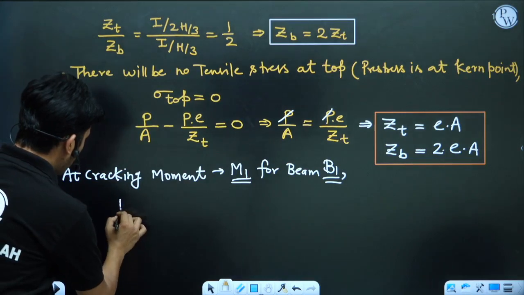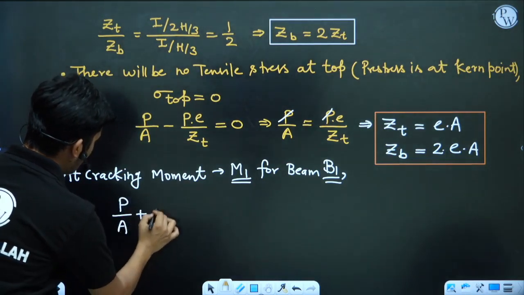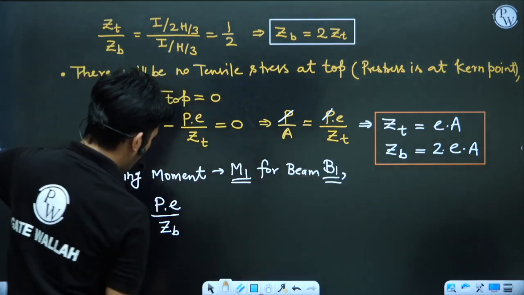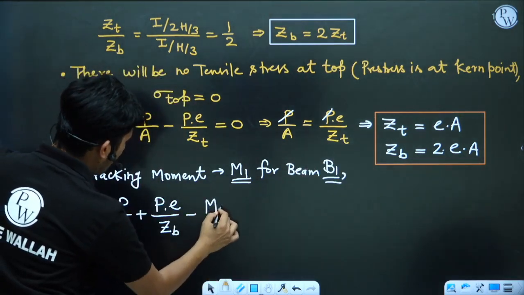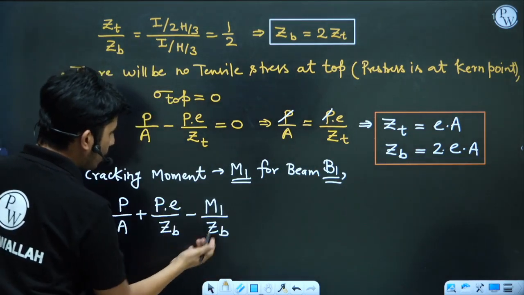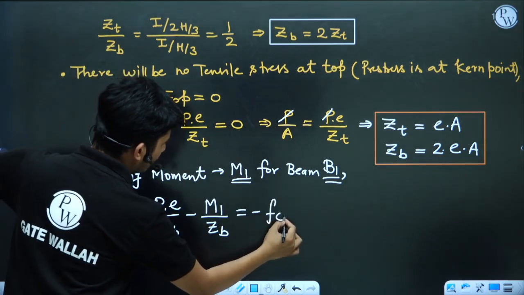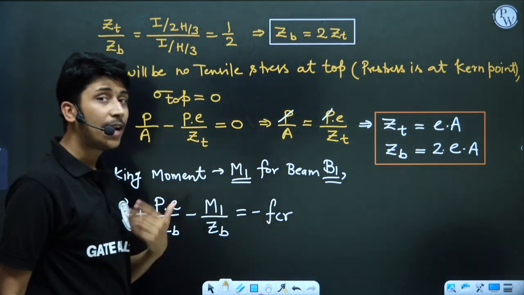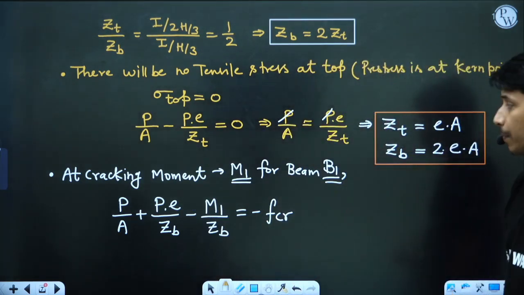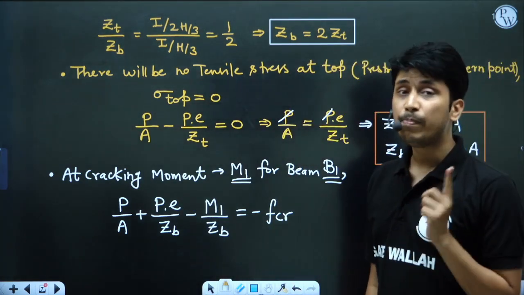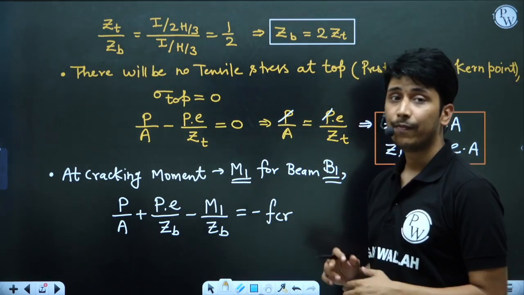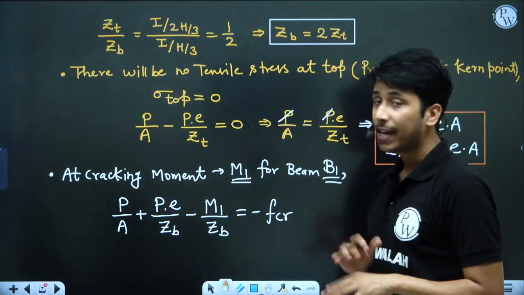The stress at the bottom will be P by A plus P into E by Z bottom, which is 2 into E into A, minus M1 by Z bottom, and this should be equal to minus FCR. Why minus FCR? Because the stress is tensile, and at tensile stress the cracking will develop. So at the bottom of beam B1, when the overall stress due to moment is minus FCR, which means tensile stress of FCR, then the cracking will develop.